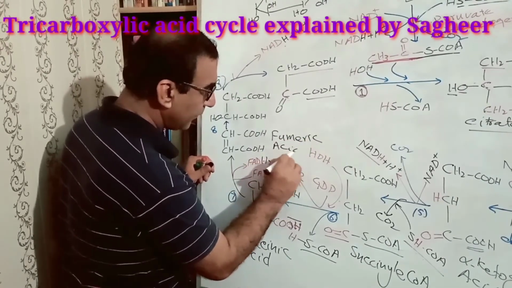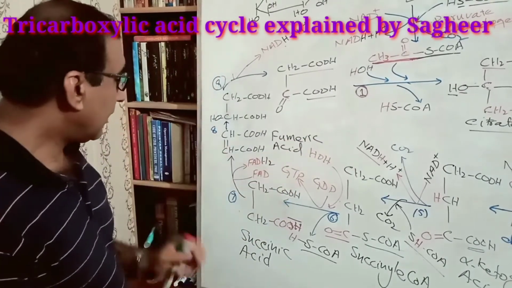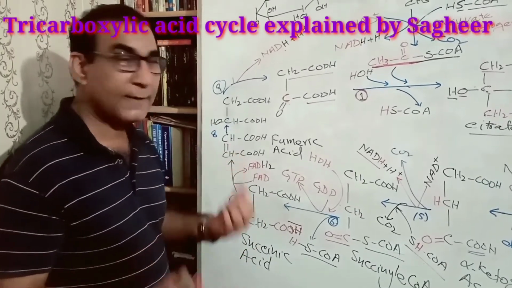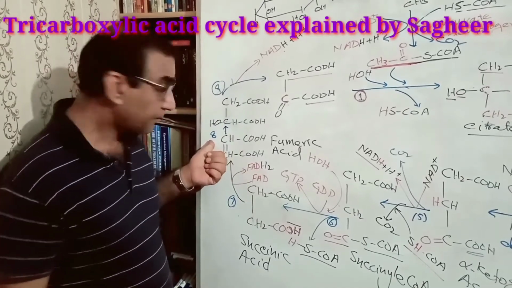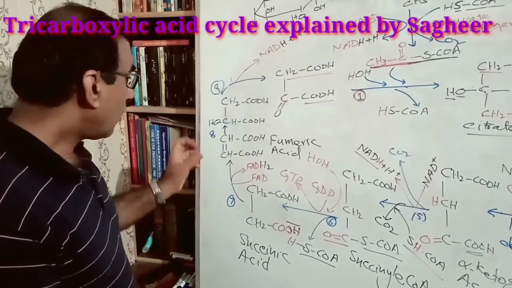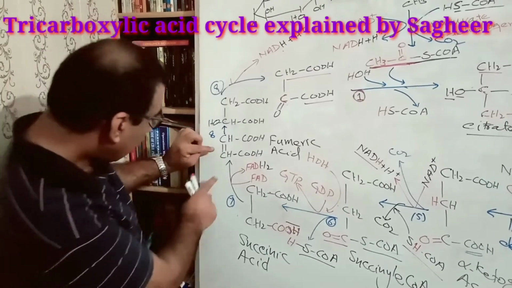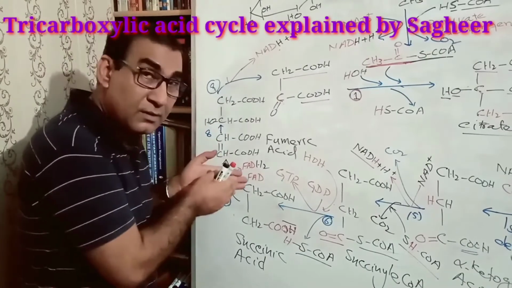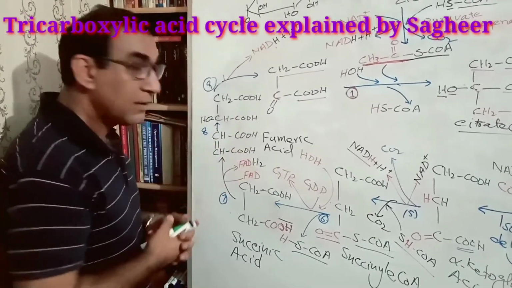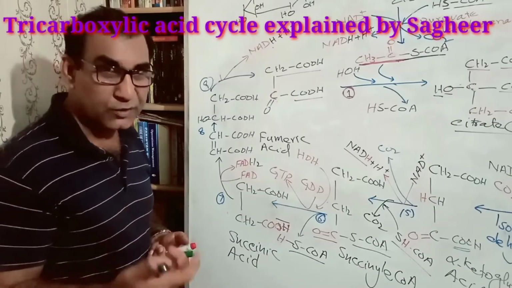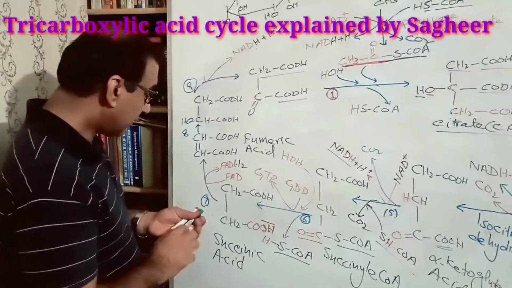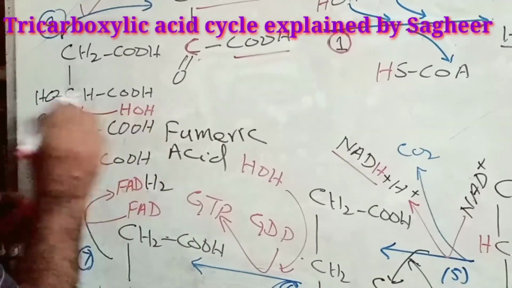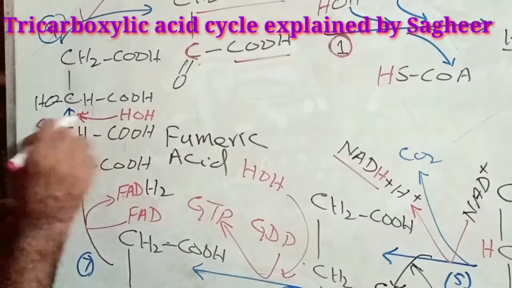Fumaric acid undergoes the further reaction, and you can number it as the 8th reaction. In this reaction, what happens? You see, it seems that two hydrogen and one oxygen have entered. That is water. You can locate here that water has entered into this reaction.